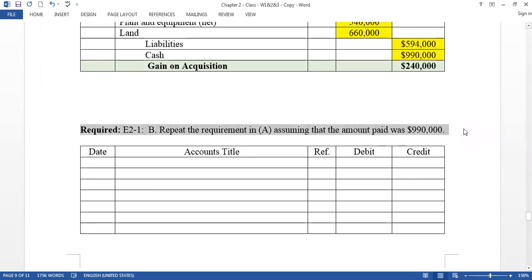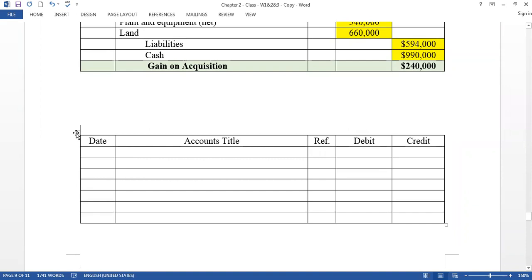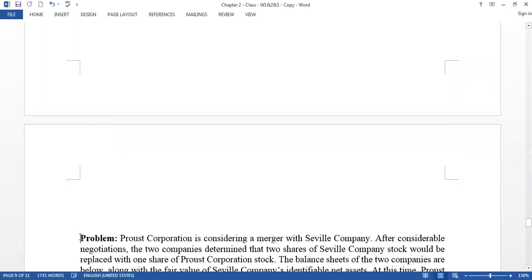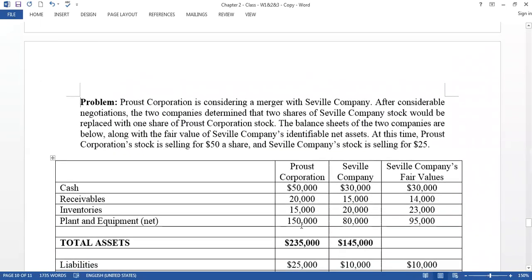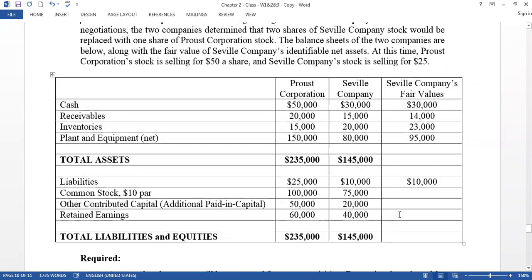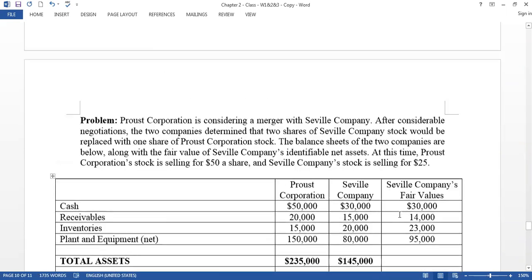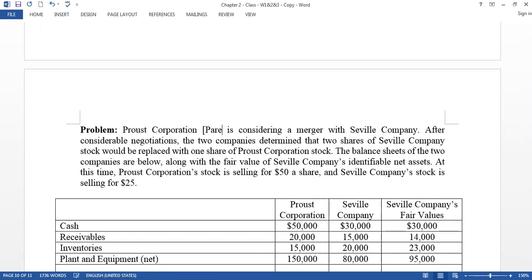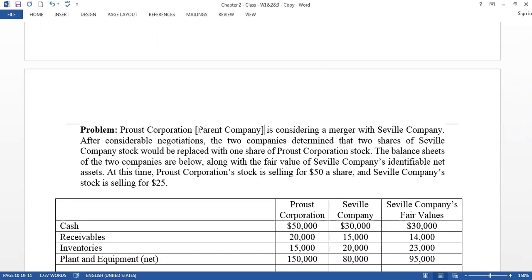Okay, then let's see another question from another textbook. This is a problem from another textbook. Let me explain. Proust Corporation is a parent company considering a merger with a subsidiary company.